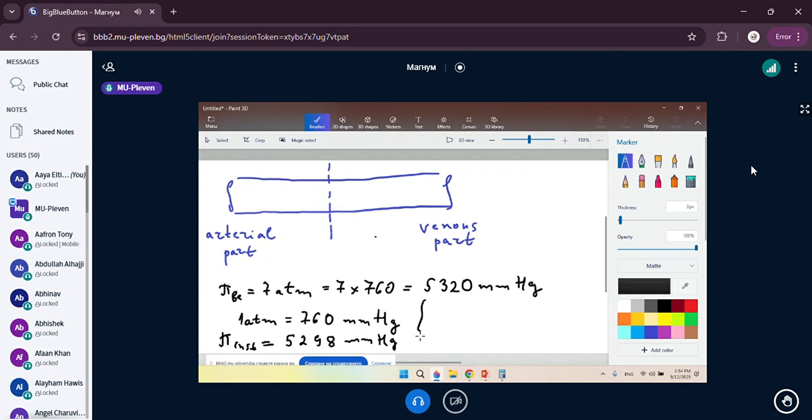That's why we need to talk about the so-called net osmotic pressure, which is the difference between them. So by this we have calculated 22 millimeters of mercury. And it is directed in what way?